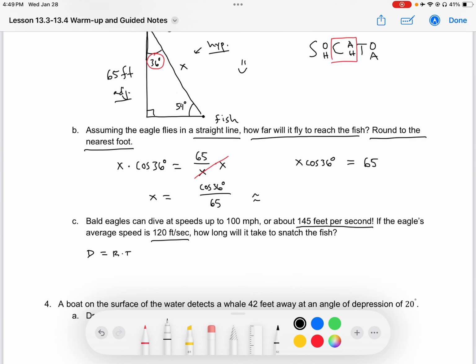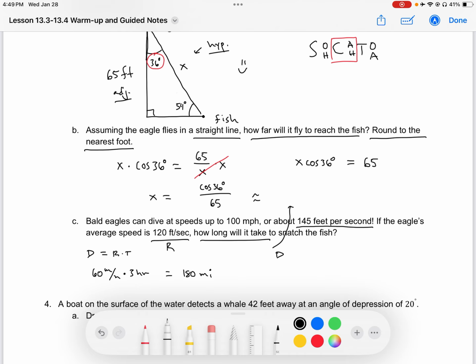And that makes sense because if I drive at 60 miles per hour for, say, 3 hours, if I'm going 60 miles each hour, and I'm doing that 3 times, I'm going to go 180 miles total. Well, they're giving me the rate right here, which was 120 feet per second. And up here, you found the distance.